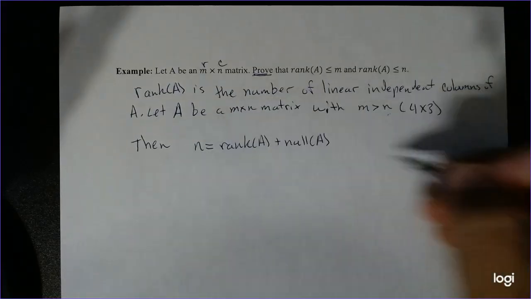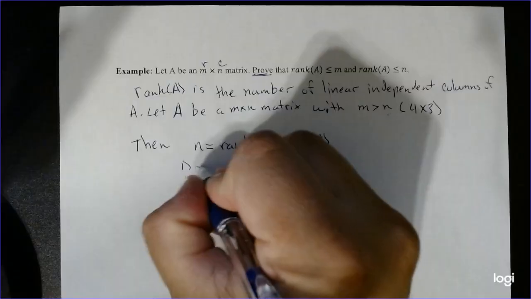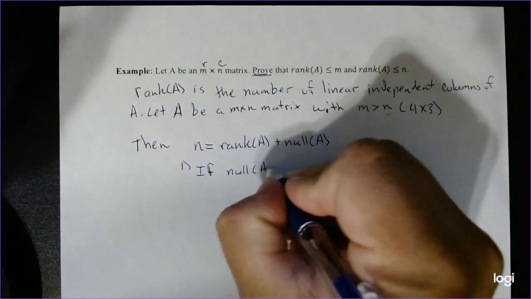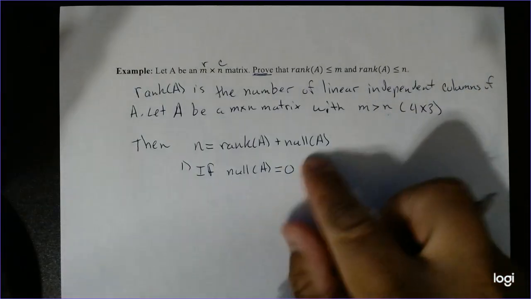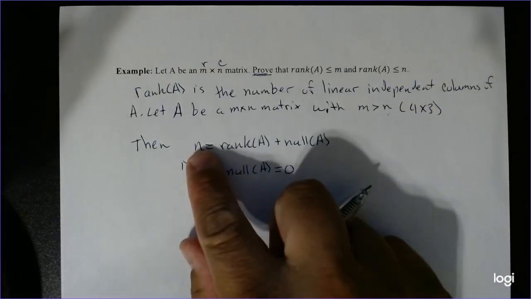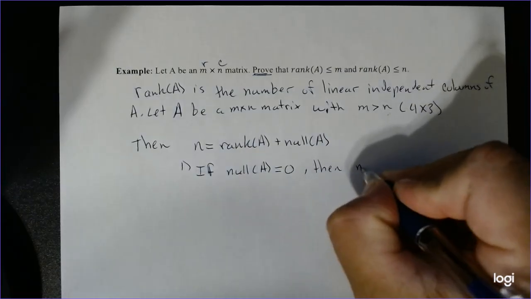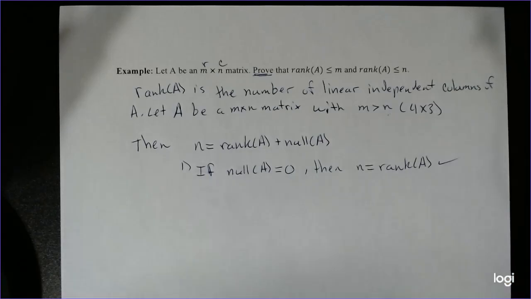Now we have two situations. If the nullity of A equals 0, therefore the rank of A equals n itself, then n equals the rank of A, and then we're done.